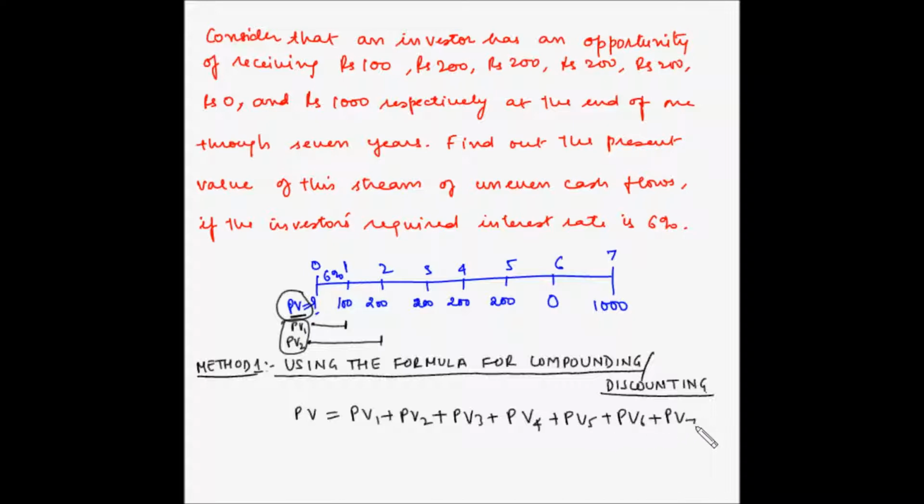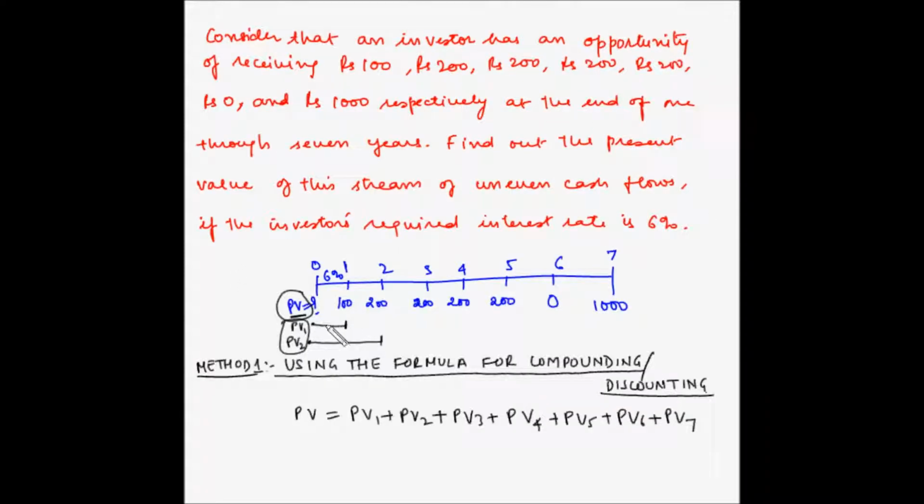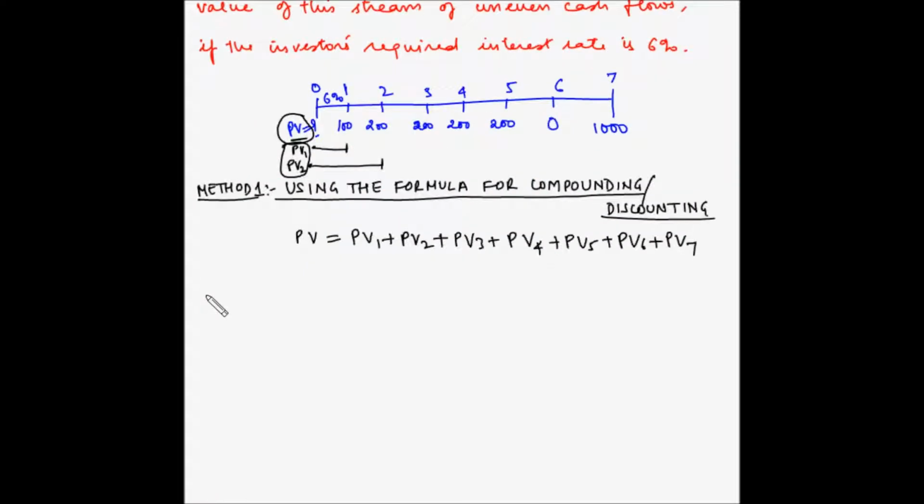Now, this is the case of compounding, where the present value is getting converted into a future value at a certain rate of interest. So the formula for compound interest is A is equal to P into 1 plus R by 100 to the power n, or A is equal to P into 1 plus I to the power n.